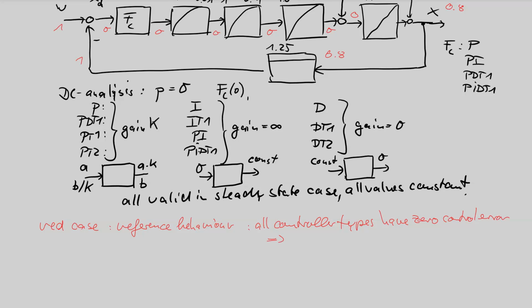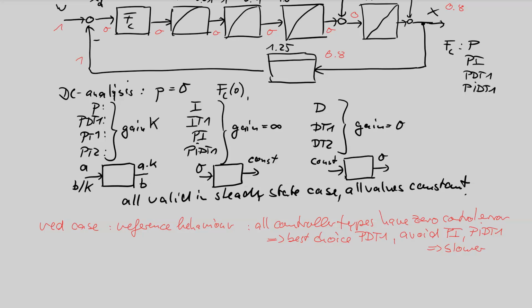So the consequence is the best choice is PDT1, avoid PI, PIDT1. So if you only have a good reference behavior, please don't use PI or PIDT1 because these are slower. This is the best case.